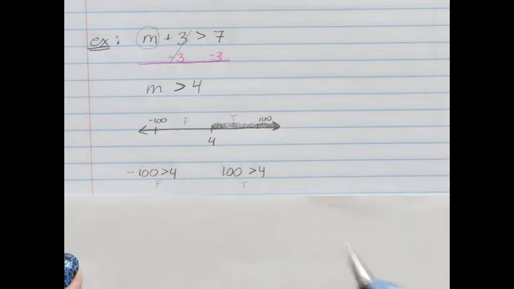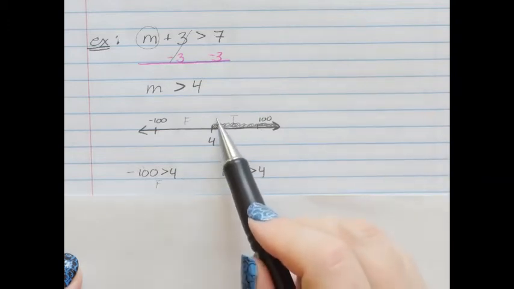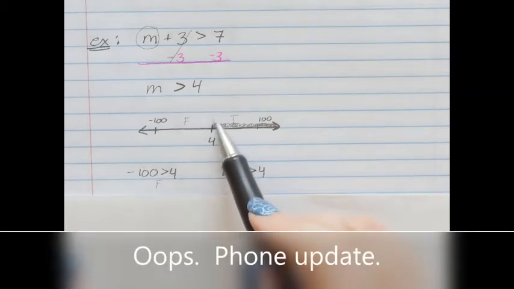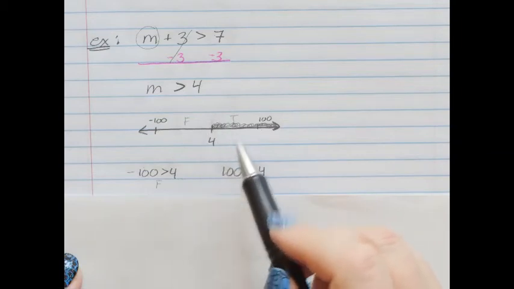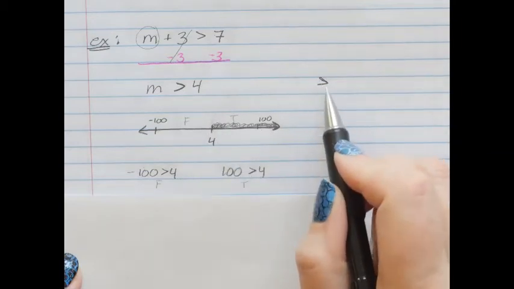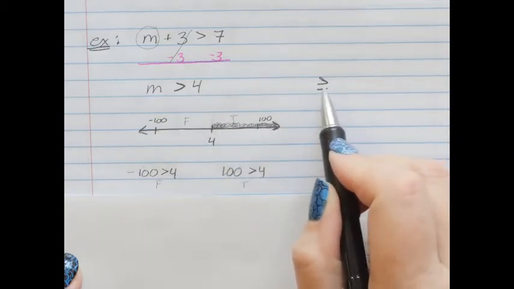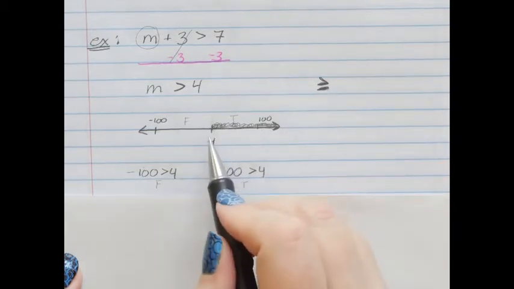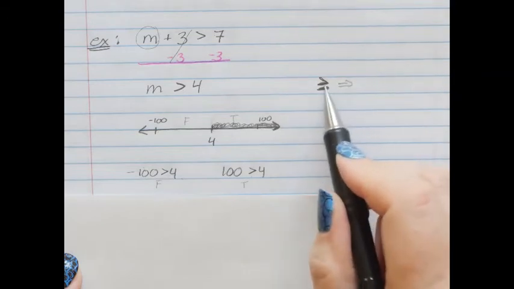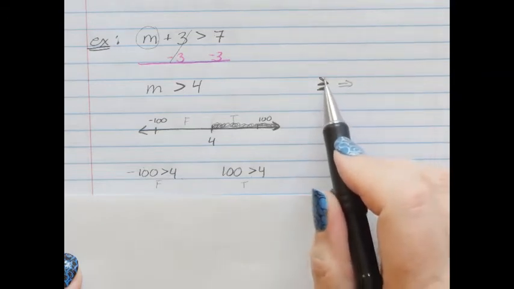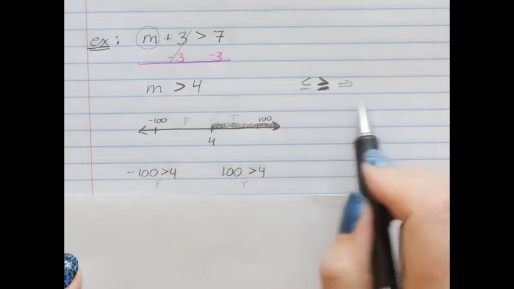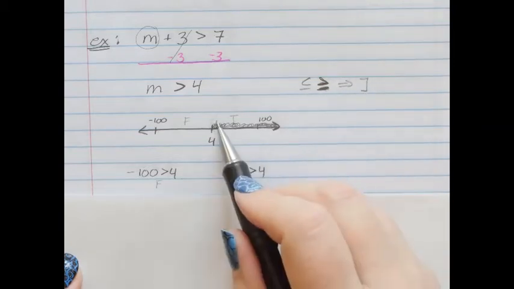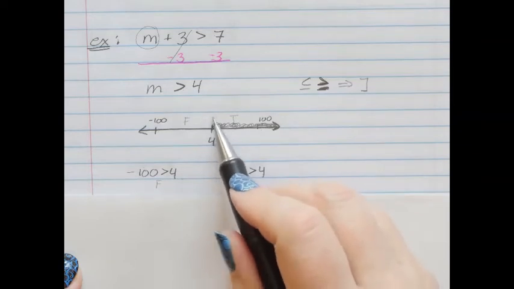From here, we just need to determine what type of symbol we use on 4. Is it parentheses or is it brackets? If you have this symbol here, greater than or equal to, these two equal signs help you form your bracket. So inequalities like this, greater than or equal to, you could even do less than or equal to, these have brackets, because you're allowed to put an equal sign on this tick of the number 4.